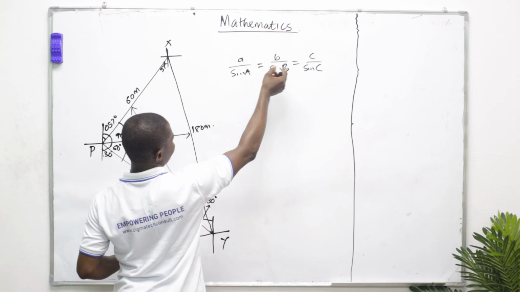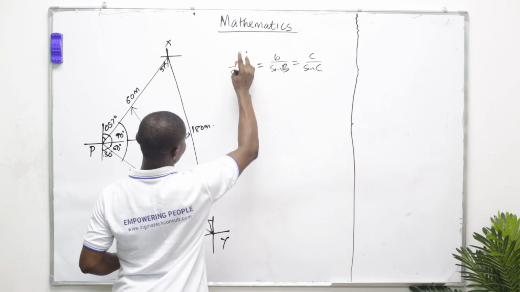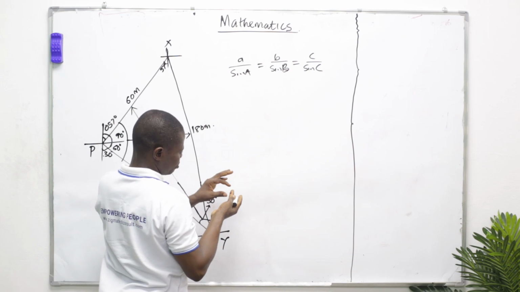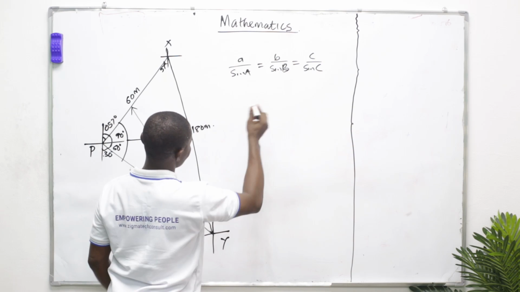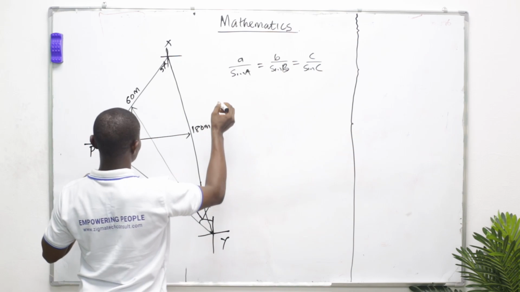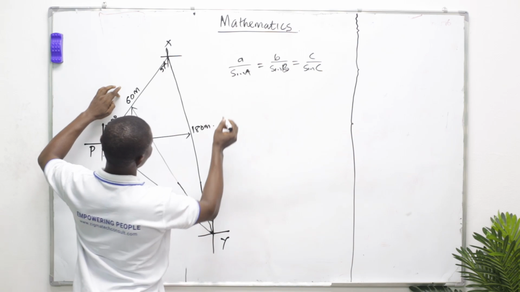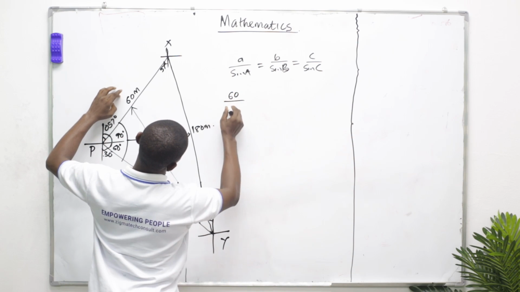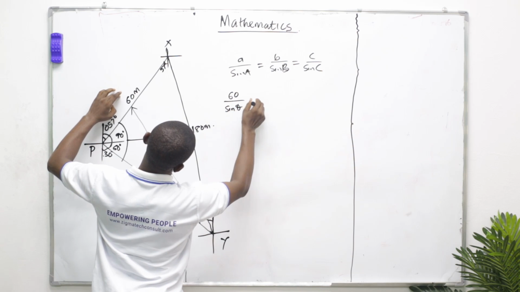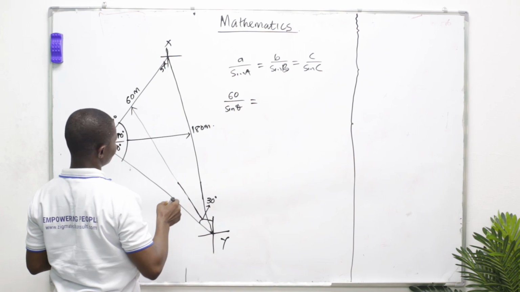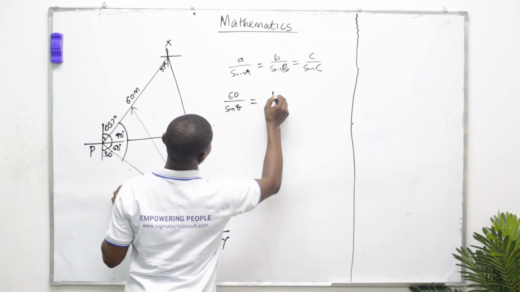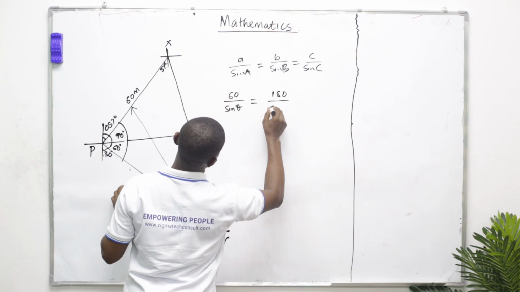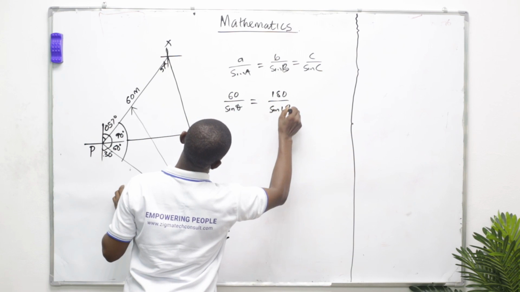But here, we are not looking at three things at a time, because you cannot solve three unknowns together. So here we have that 60 over sine theta equals 180 all over sine 150.